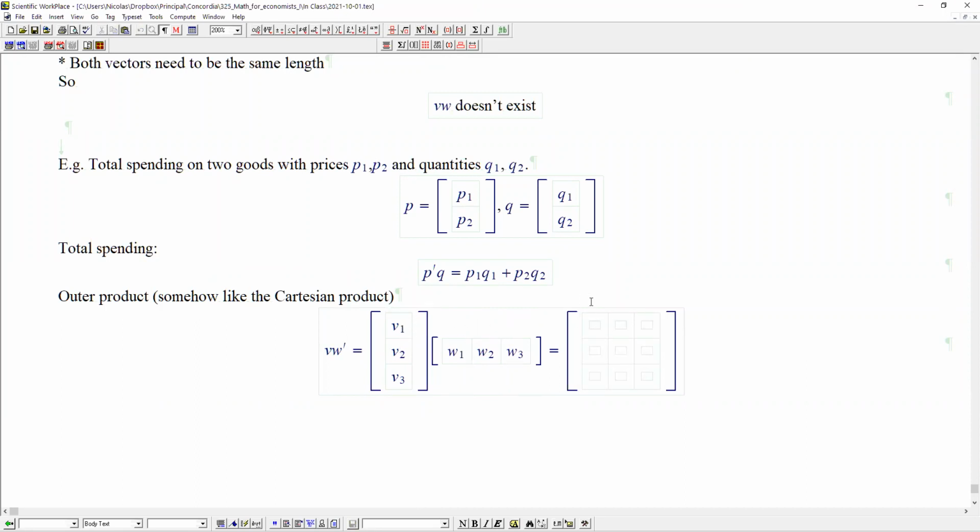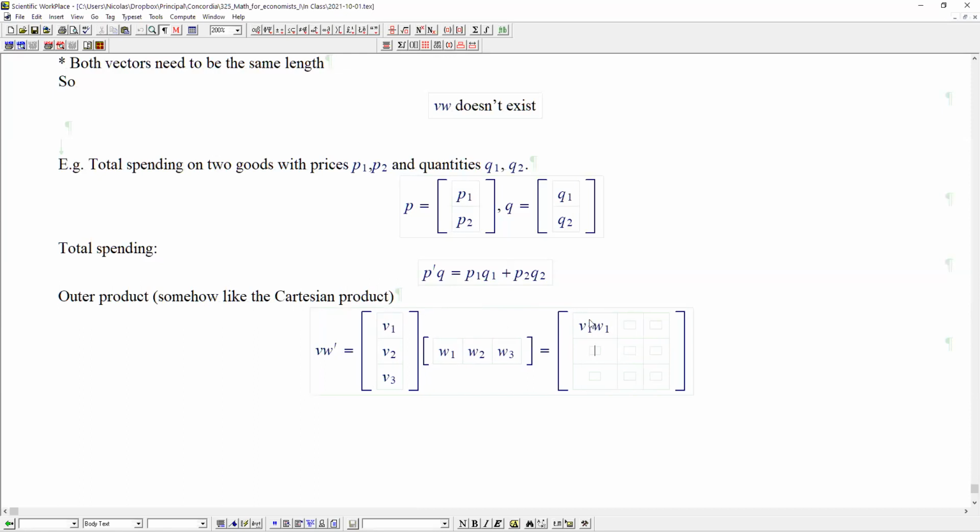For the first corner element, I get the first element in the first row of V multiplied by the first element of the first column of W prime. So I get V1 W1. Here I get V2 W1, V3 W1.